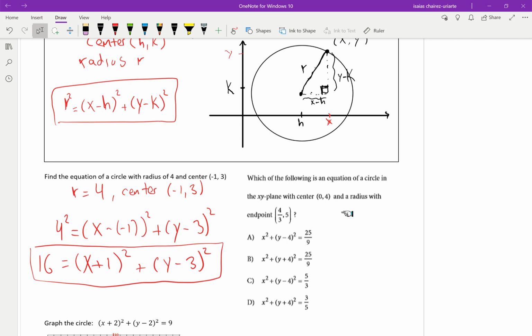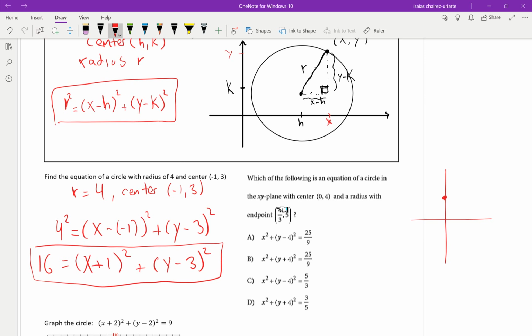I'm going to try to sketch something. The center of this circle is supposed to be the point 0, 4. I'm going to pretend right there. So that's 0, 4, the center. And it told me that it has a radius with endpoint 4/3, 5. 4/3 is something like 1.33333, and 5.